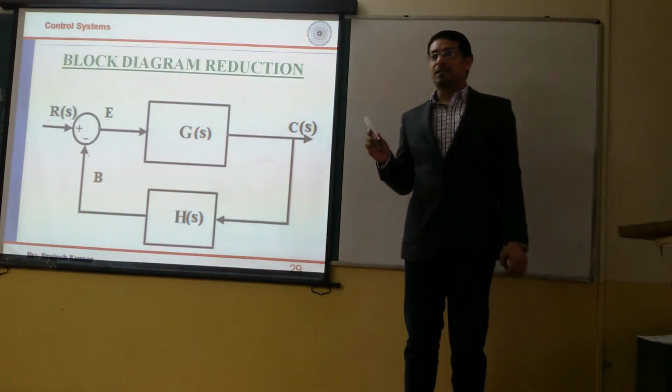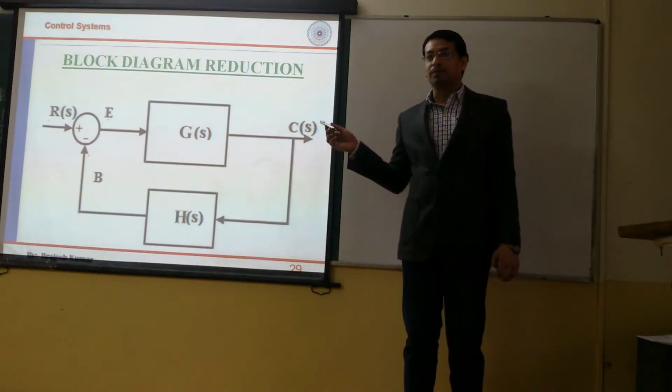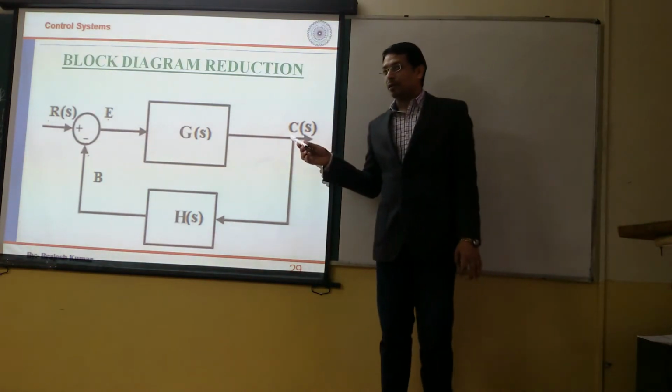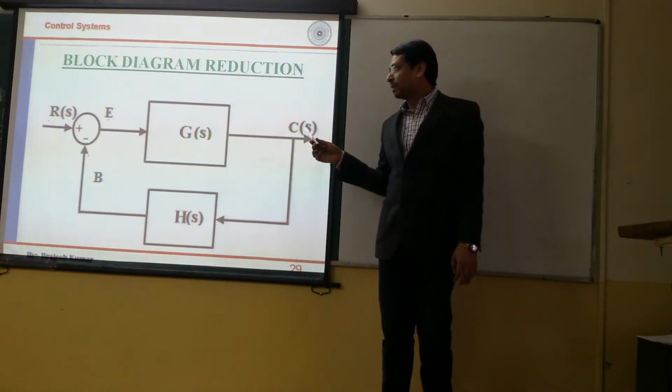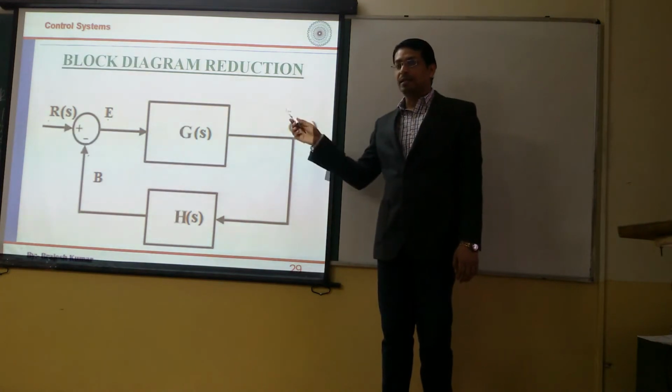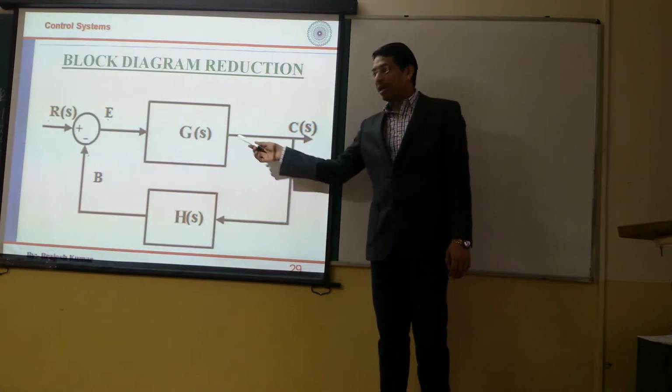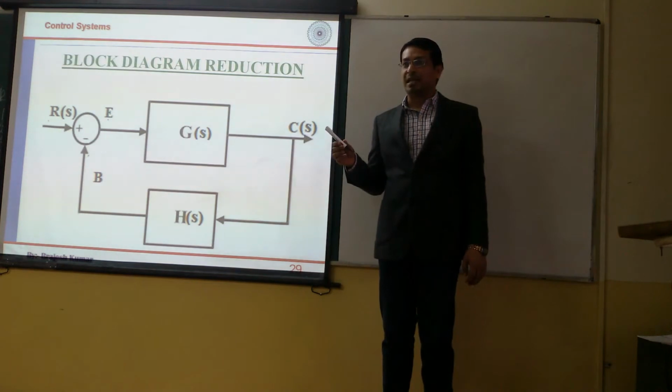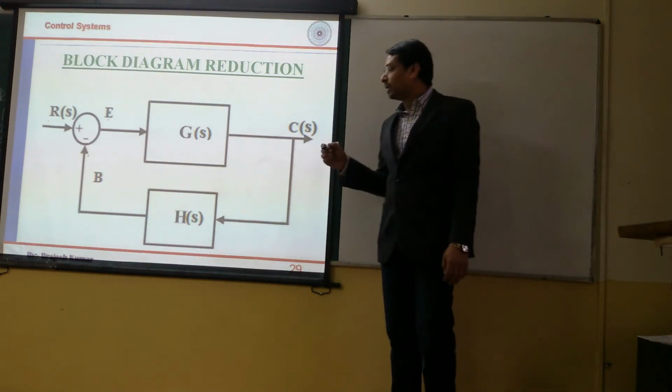Okay, let us try to solve this particular feedback problem. For simplicity, we have taken error E and feedback B as an intermediate variable. So what you will get?